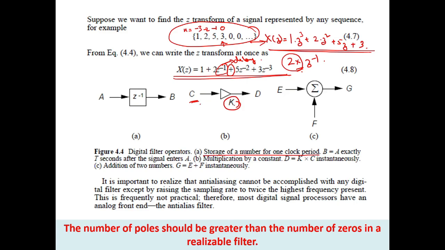The input is getting multiplied by 2 and we get D, which is equal to C into K. In this case if we consider K equals 2, it would be C into 2. Similarly, adder, E summation F is G. So G is equal to E plus F. Adder can also be represented in this fashion, addition sign. This summation or addition, whatever you want to call it, doesn't matter.